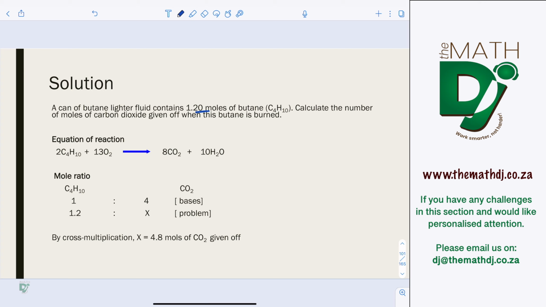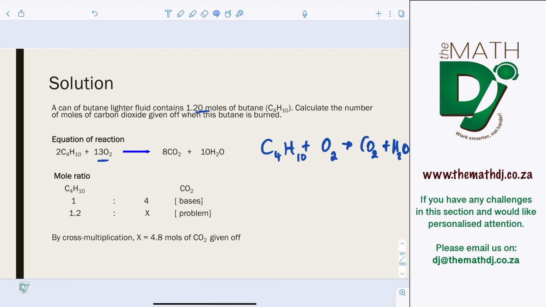We know that when hydrocarbons burn, they need oxygen, and they form carbon dioxide and water. So basically, when you write it, it will be C4H10 plus oxygen to form carbon dioxide and water, like that.